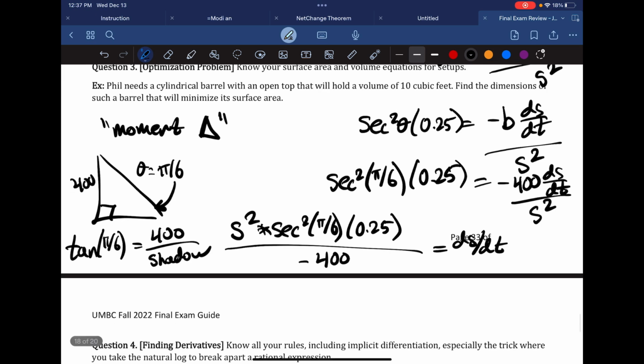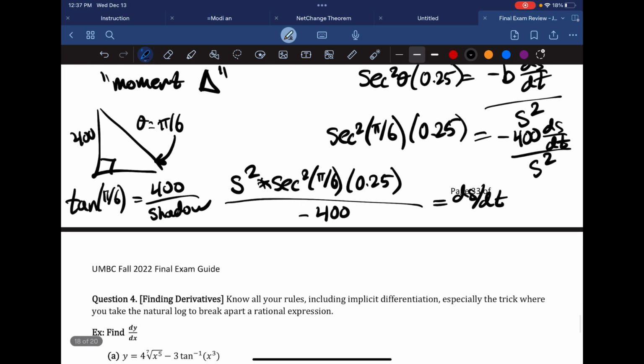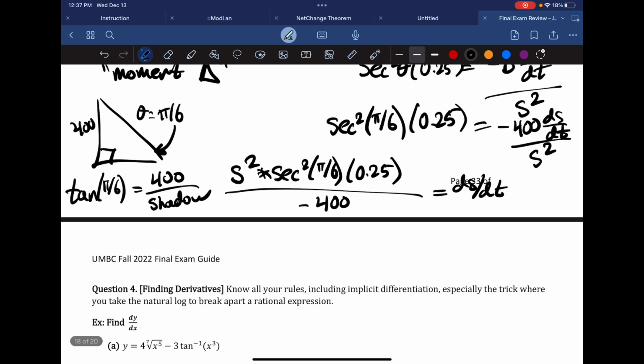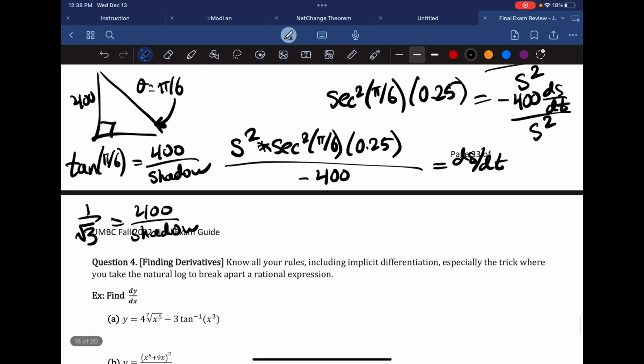Tan of pi over 6 is 1 over square root 3, equals 400 over shadow. So we can cross multiply, and shadow equals 400 times the square root of 3.